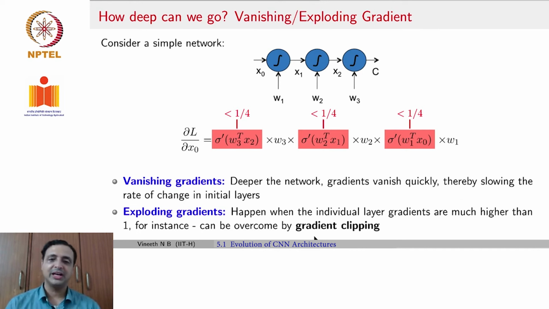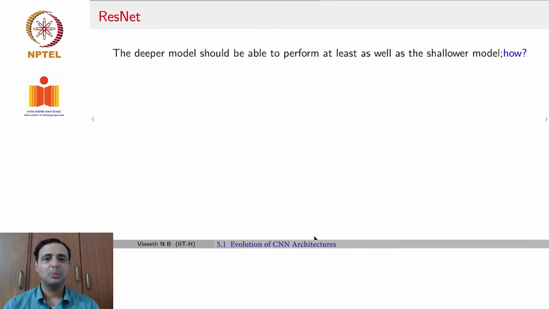Coming back to the vanishing gradients problem, this problem was addressed in a CNN architecture in 2015 called ResNets, or residual nets. They wanted to ensure that a deep model should at least perform as well as a shallow model. How is this possible?